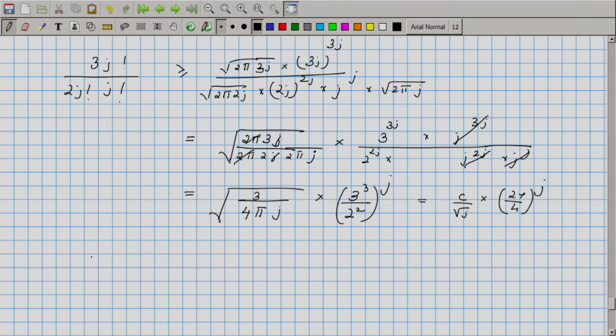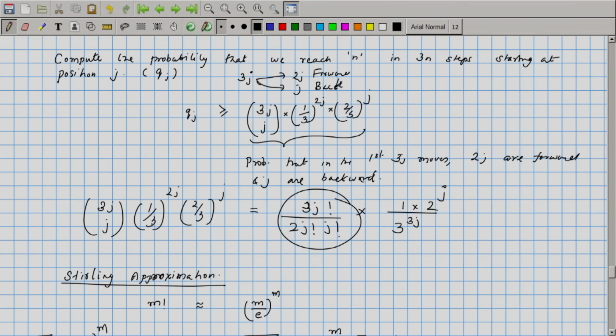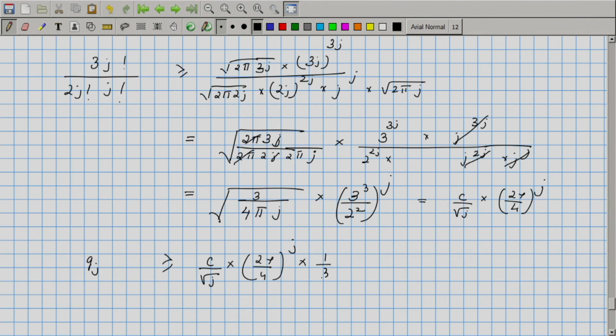And the additional terms, so Qj, we can plug in those values. So, Qj is greater than c by root j times (27/4)^j times, there was a (1/3)^2j and (2/3)^j.